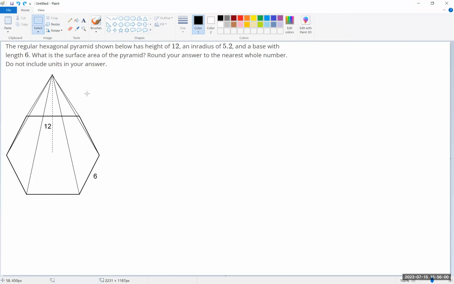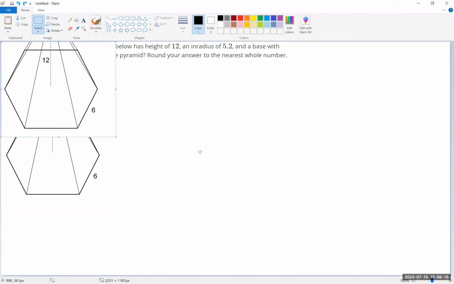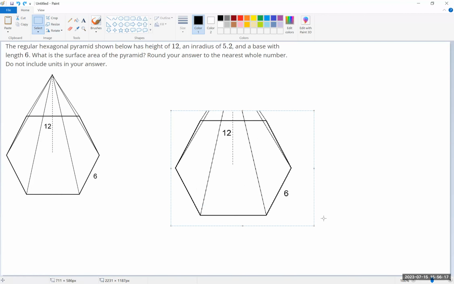In fact, what I can do is just select this. And we'll make that a little bit larger for us. And what we really need off of it, I can erase this so that there's less confusing information.